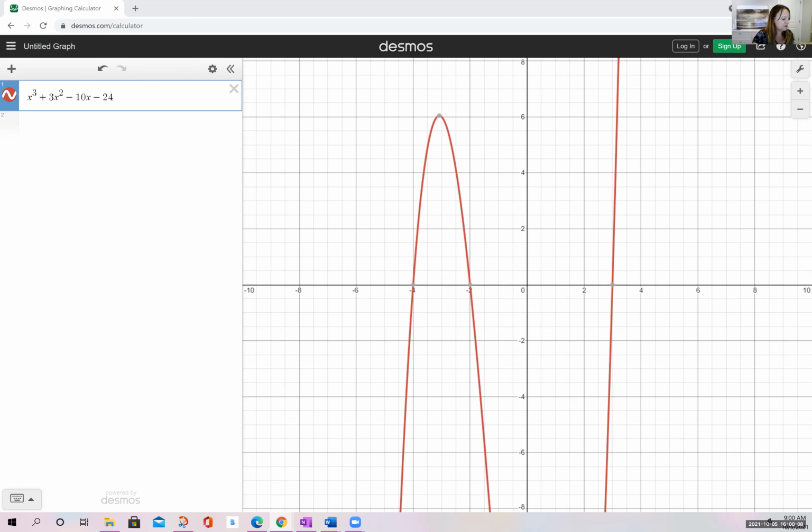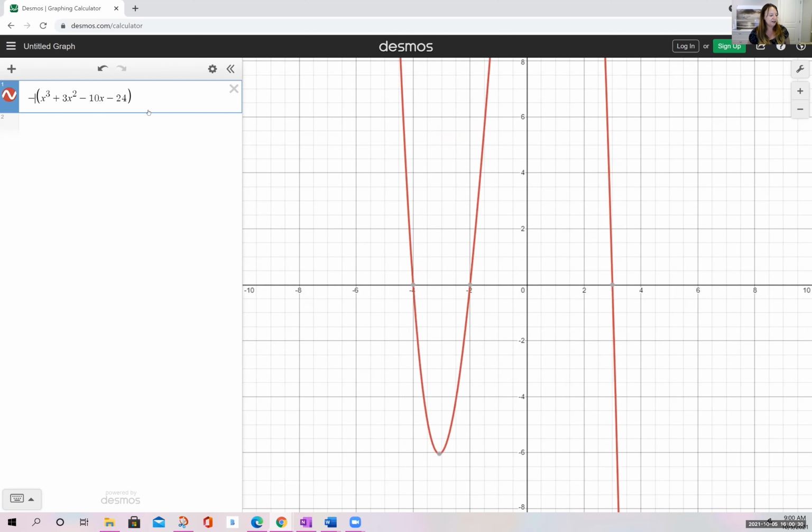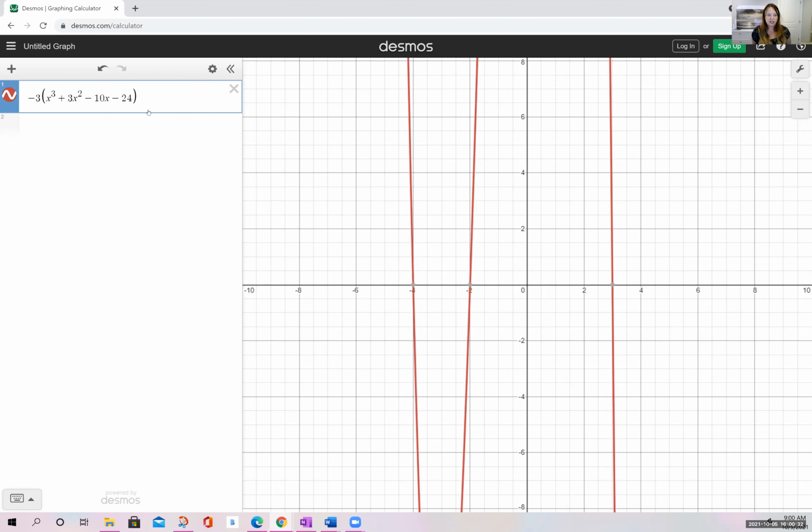Those are the intercepts. But recall, I told you that we could multiply this function by any constant, and that would not affect my intercepts. For instance, if we multiplied this by -3 out front, that doesn't change where my x-intercepts are.